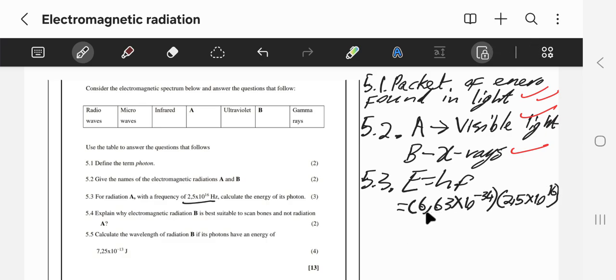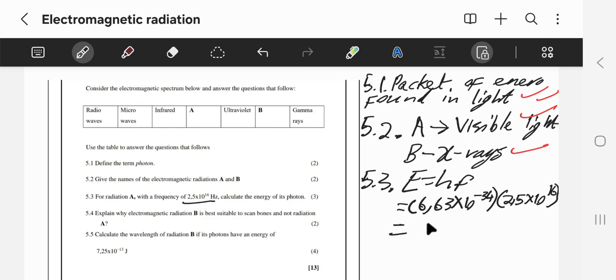So our h is 6,63 times 10 to the power of negative 34, and our f is 2,5 times 10 to the power of 16. And then you are going to put all of this on the calculator as it is to get your answer. Let's see what we are going to have as our answer.